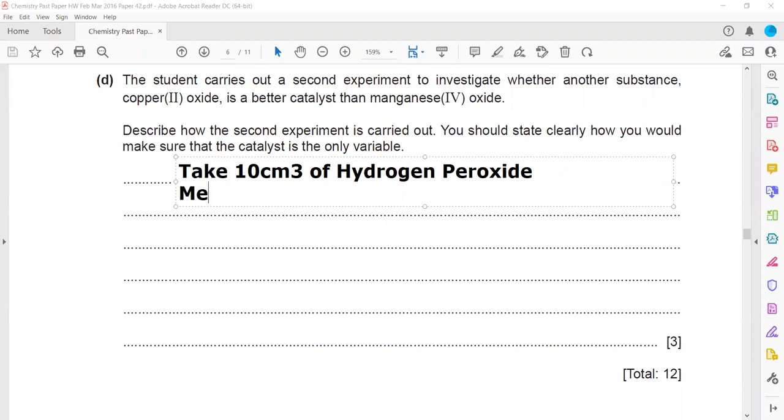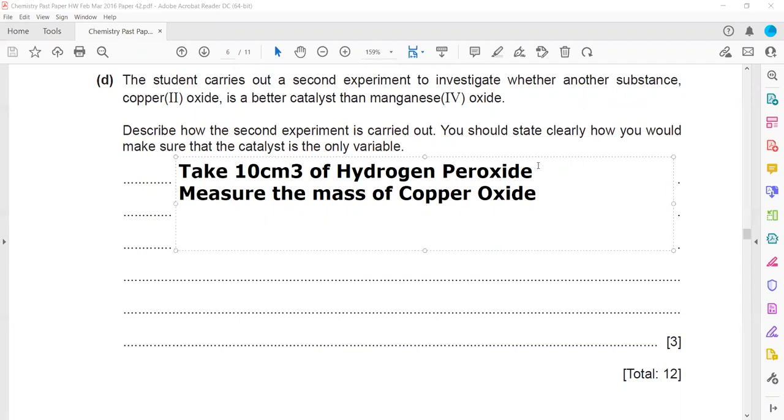Then we will measure the mass of copper 2 oxide, which we want to identify, because whenever a substance is a catalyst, we measure the mass before the reaction and we measure the mass after the reaction. Because to be a catalyst, chemically it should not change, like the mass should not change, and it alters the rate of the reaction.